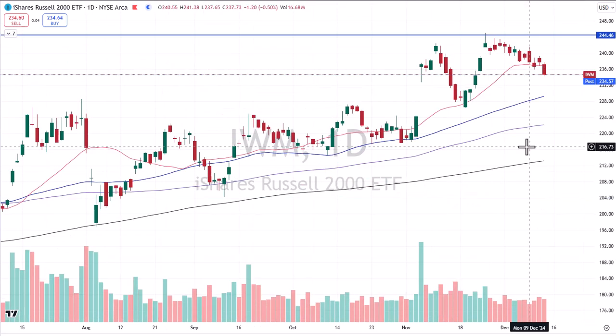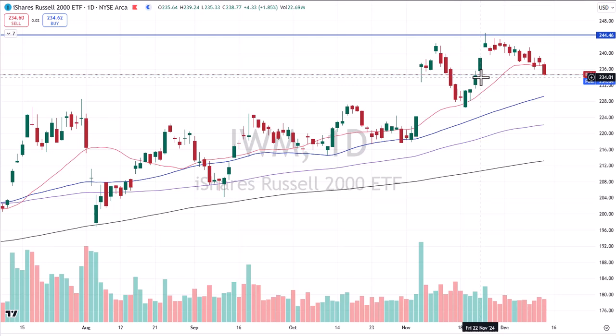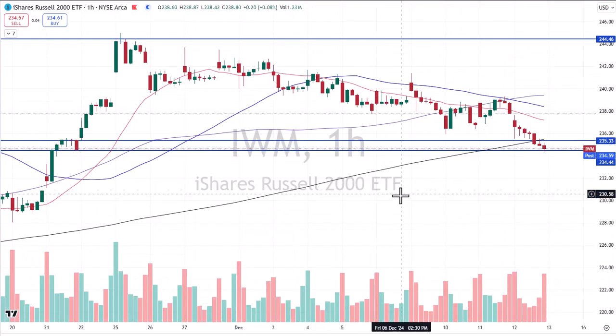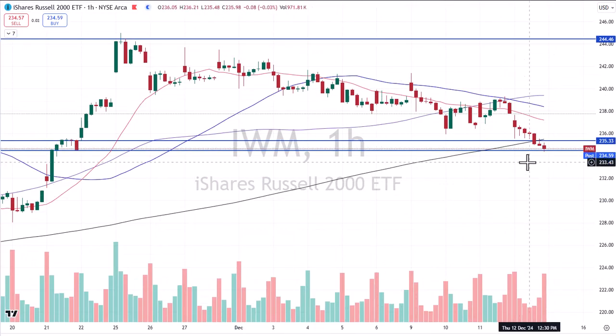What about IWM from a daily chart perspective, giving up the 20-period moving average, down over 1% today, 1.3% by the end of the day, and closing below the low of this breakup candle. The low here is 235.33, and right below it is a gap at 234.44, and they closed basically right on top of that place by the end of the day, filling that gap, bouncing off of it slightly.